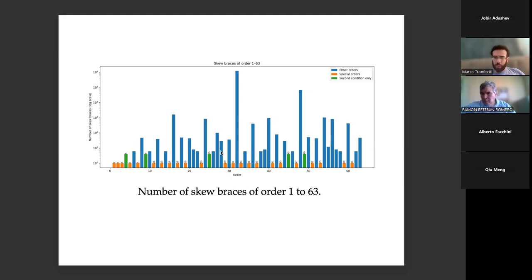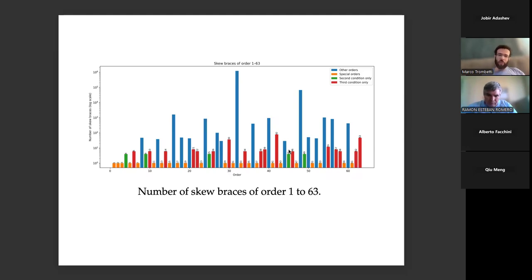Those look similar, but there are slight possibilities for other skew braces. So what we have done is find a criterion for those numbers in red, because apparently there is something that describes all those other orders.